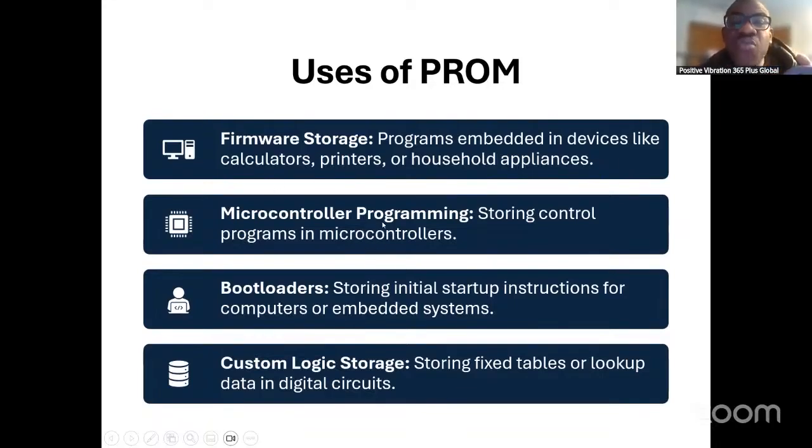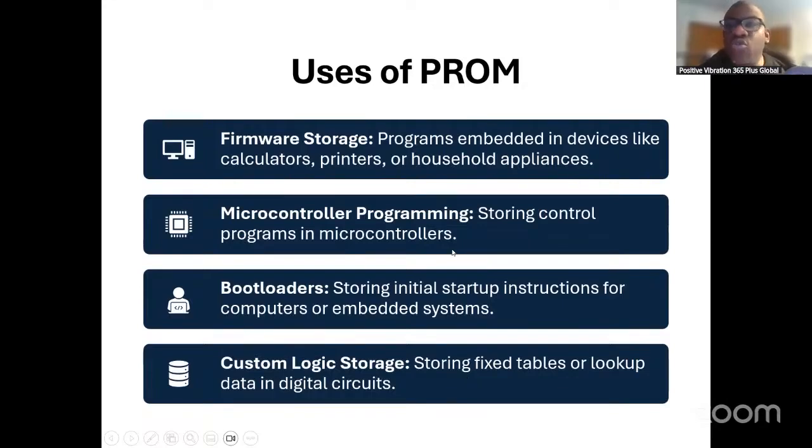It can also be used to store microcontroller programming, which means to store control programs in microcontrollers. Startup instructions for computers and embedded systems. And it is also used for custom logic storage, which means to store fixed tables or lookup data.